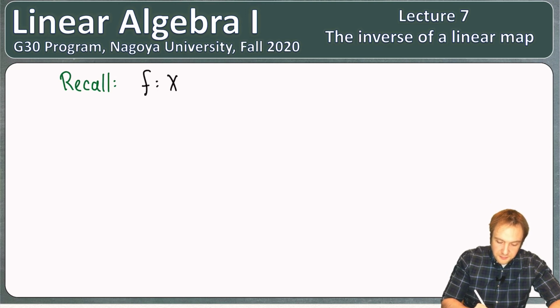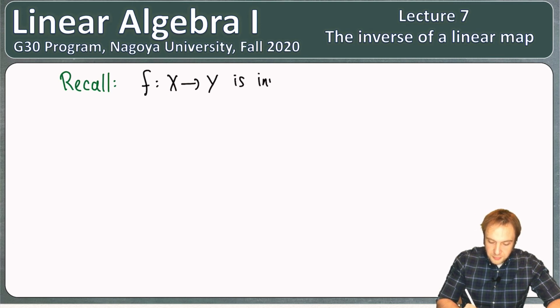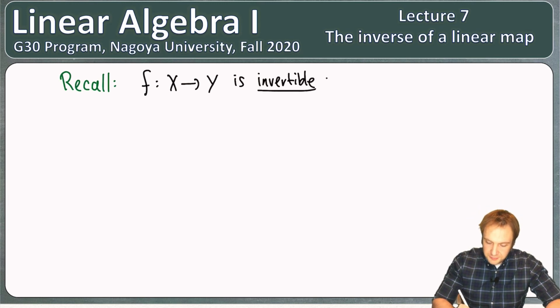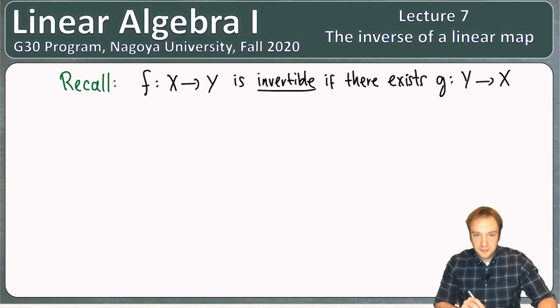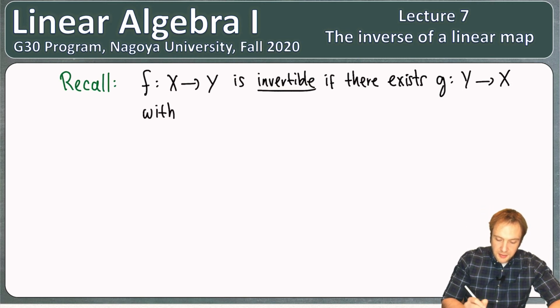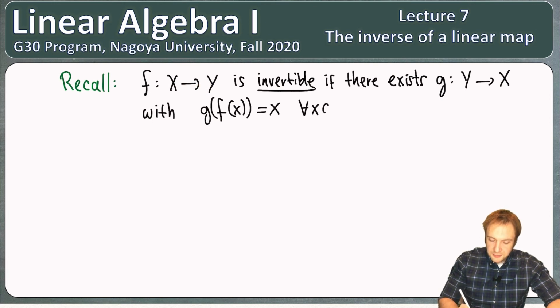So if we have a function f from a set X to a set Y, then we said that this is invertible if we can find an inverse, meaning if there exists another function g going in the other direction, from Y to X, which will be the inverse of f, with the property that if I start by applying f to some x, and then I apply g, so I first go from X to Y, and then I go back by g, then this should be just x, and this should be the case for all x in X.